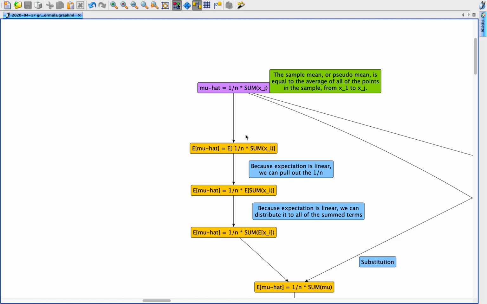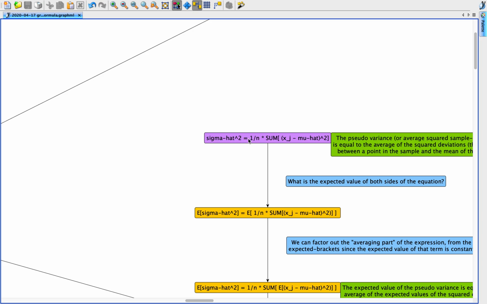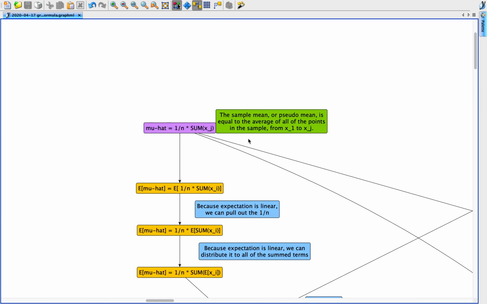We're going to take n data points. N here means the number of data points in our sample, and throughout this proof. We're going to take a sample of n data points and compute both this mu hat and also this sigma hat squared. I wonder if that should be sigma squared hat. I guess it doesn't really matter.